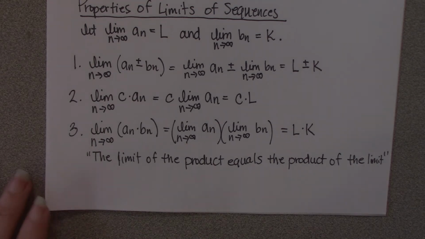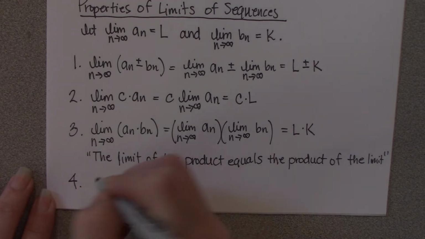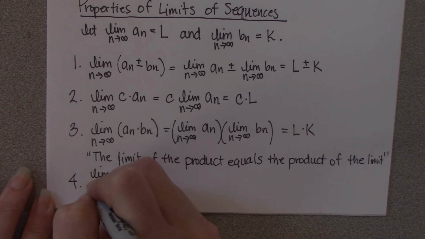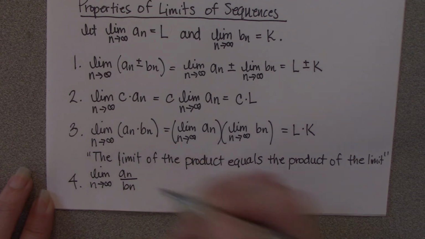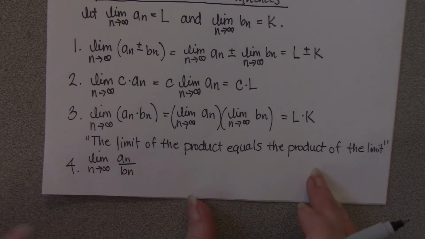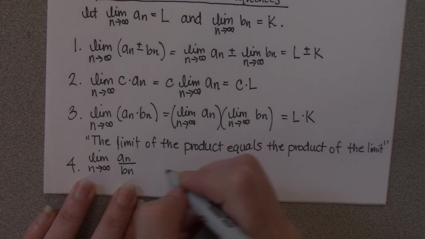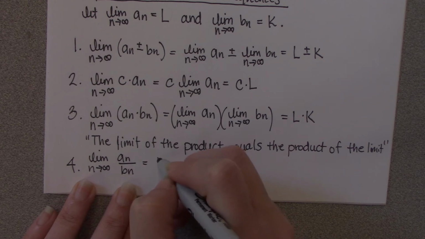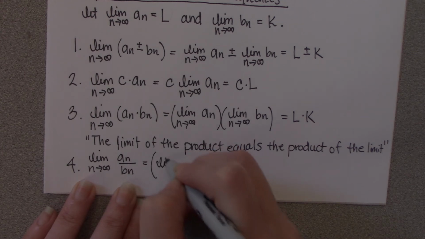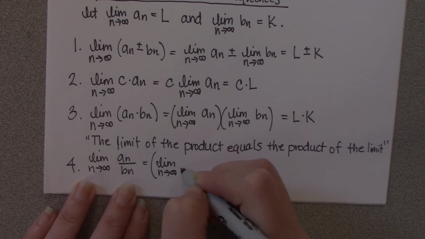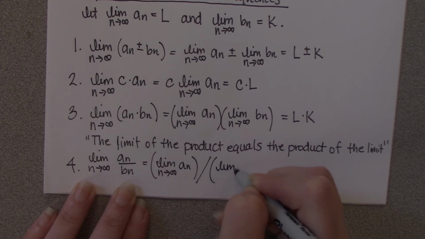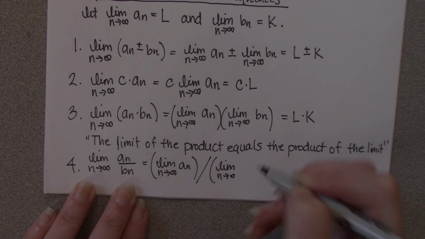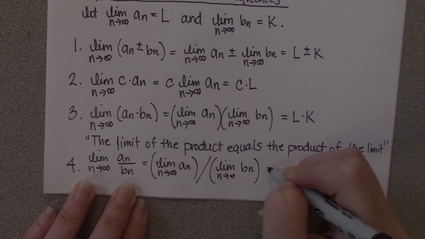All right, so some of you may have a guess of where the next one's going. We can also divide them. So if you want to put one limit over another limit, we can say it's the limit of the numerator divided by the limit of the denominator.